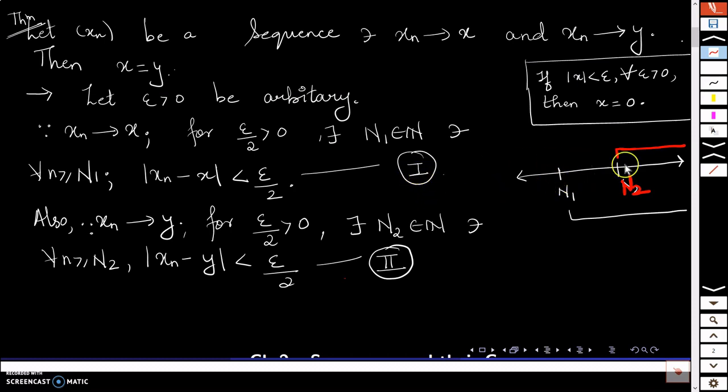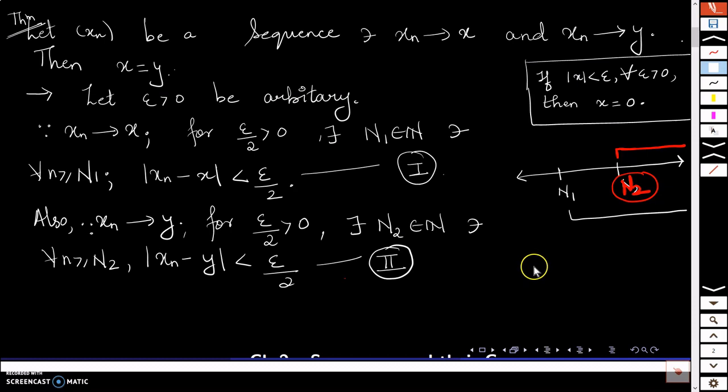But statement 1 works for all the points after n2 also, because it works for all numbers which are bigger than n1. So if I pick n2 now, for all numbers which are bigger than or equal to n2, both statements 1 as well as 2 will work, right? So out of n1 and n2, which one am I going to pick here? In this case, n2.